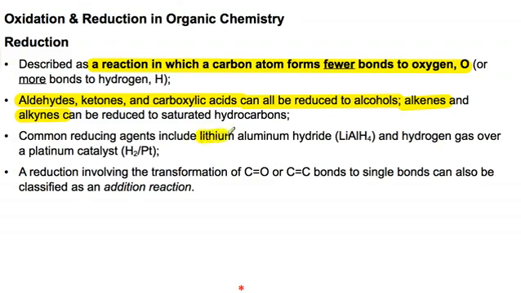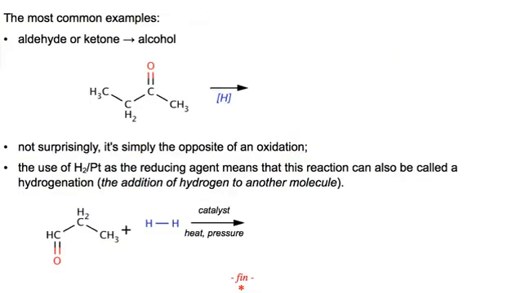Common reducing agents are lithium aluminum hydride, basically a lithium complex cation, and hydrogen gas with a platinum catalyst. That's probably a bit more common because it actually produces quite a rapid reaction. And so reduction involving transformation of C double bond O or C double bond C bonds can be classified as an addition reaction, and you'll see that in a minute.